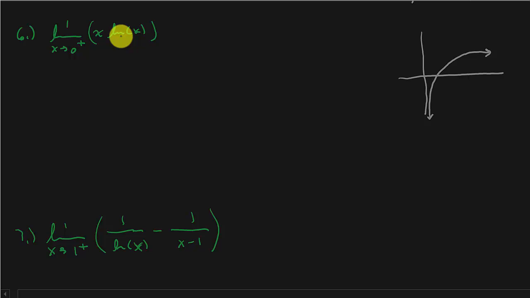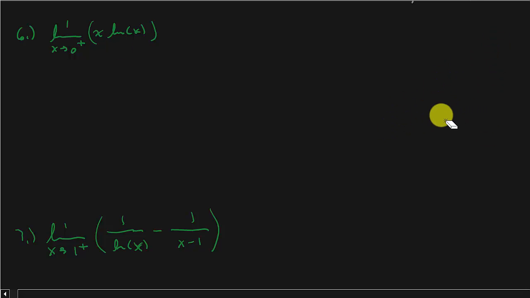And please do not put 0 as your answer. I mean, that may be the answer, but it's not 0 because it's 0 times negative infinity. That's not what's making it 0. You cannot do that. So we've got 0 times negative infinity, which we can't have.